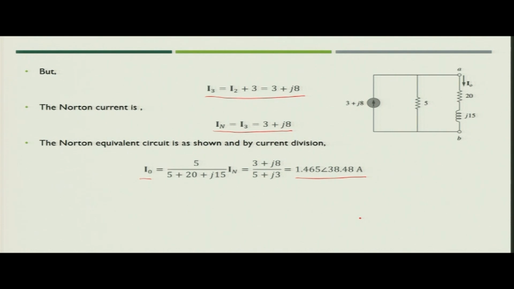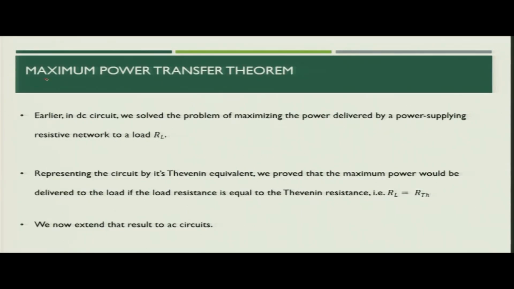Now, let us come to another theorem called maximum power transfer theorem. In case of DC circuit, we solved the problem of maximizing the power delivered by a power supplying network to a load RL. How we solved?